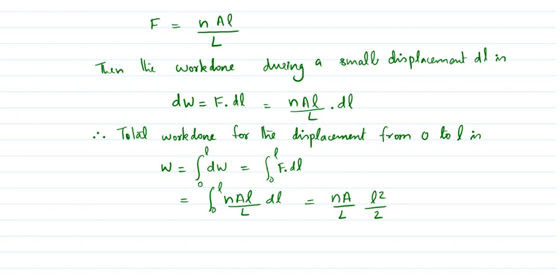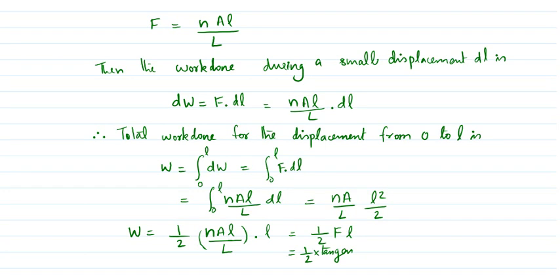So now we will write W equal to half, which will be taken outside, N A L. L will be split into L into L, N A L divided by L is one term, into L, and this will be equal to half into F into L, okay, that is half into tangential force into displacement.